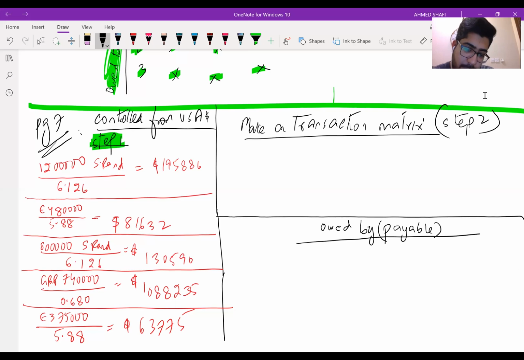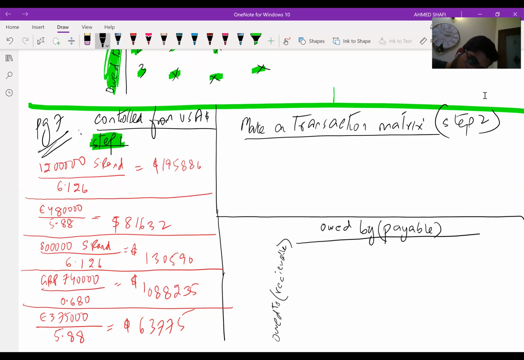And you will make rows of owed to, which is your receivable. You will make columns of owed by, which is your payable, and owed to, which is your receivable.